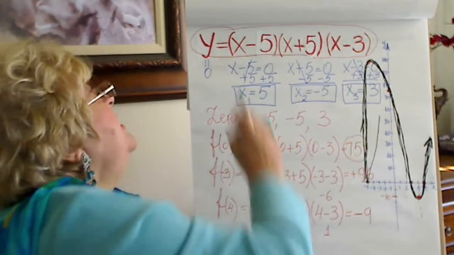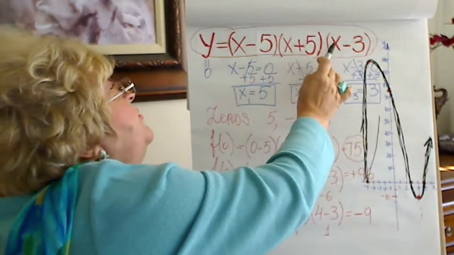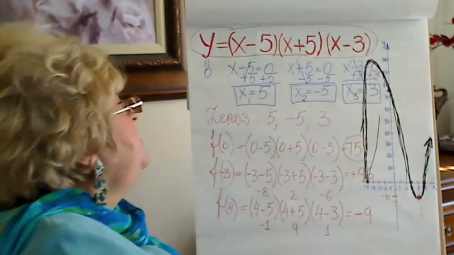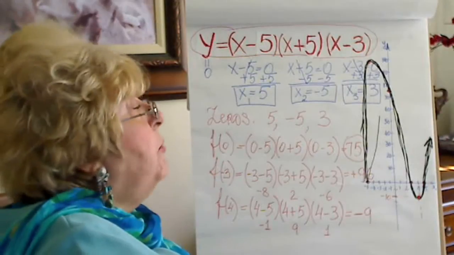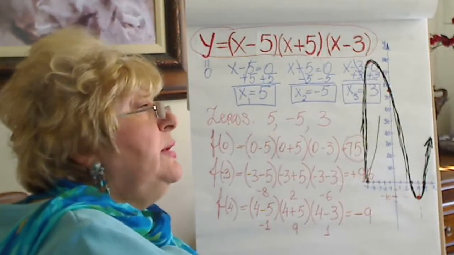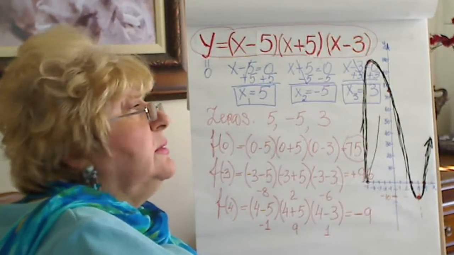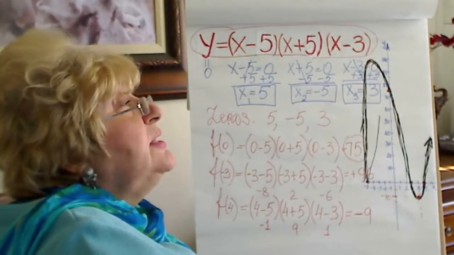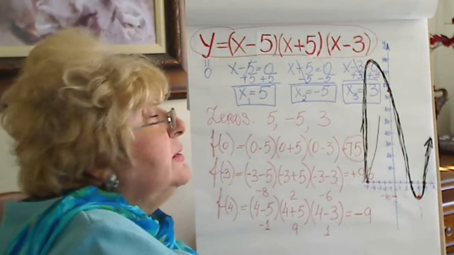And we know that we are dealing with a cubic function. If you multiply x by x by x, it will be x to the third power. So the degree of this function will be 3. If we have an odd degree, it means that our function is odd.